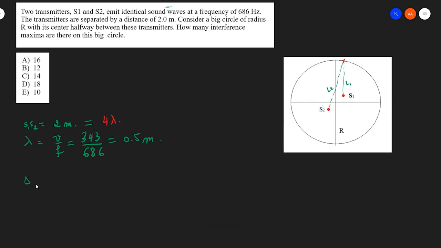So you need this delta L. Delta L will be L2 minus L1. Depending on the shape, we are investigating points on a circle. There can be points on a triangle, whatever. And of course, we start by saying delta L is equal to L2 minus L1.